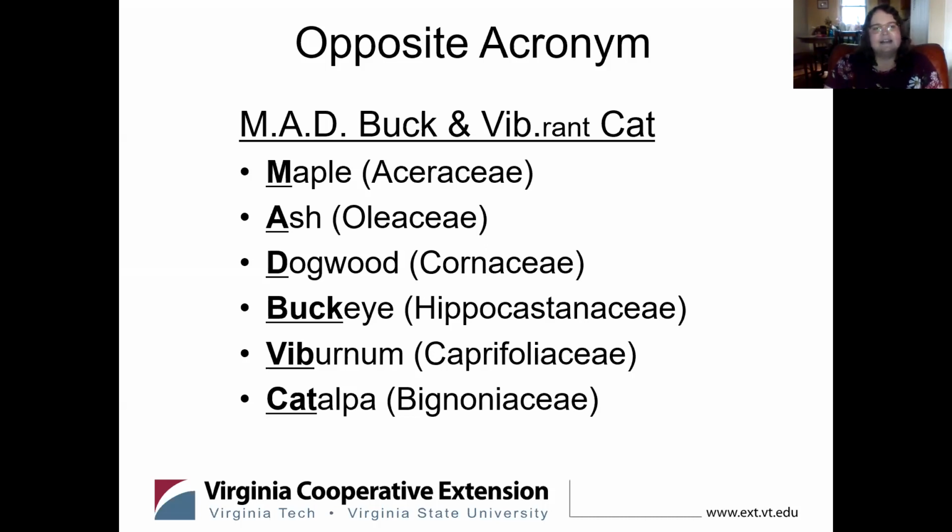Sometimes you just find it listed as MAD BUCK and VIBRANT, I believe, but I liked MAD BUCK, VIBRANT CAT. So that includes Catalpa. So very interesting acronym if you want to learn different ones. And these are all opposite leaf arrangement or attachments.